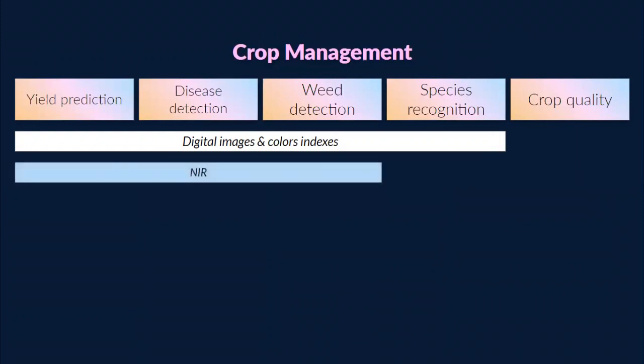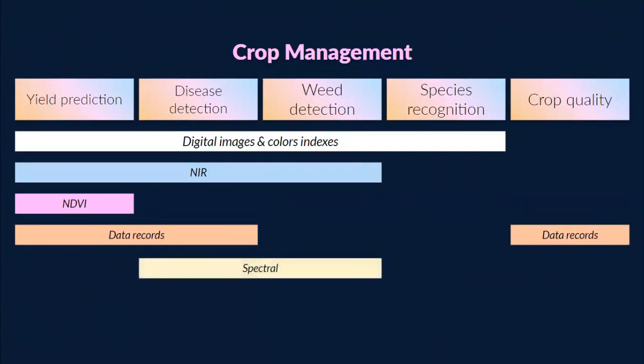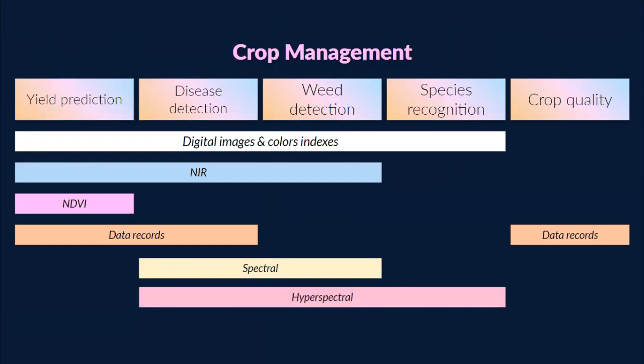NIR has been applied in yield prediction, disease detection, and weed detection. NDVI is used specifically in yield prediction, and data records in yield prediction, disease detection, and crop quality. Spectral has been used in disease detection and weed detection, and hyperspectral in disease detection, weed detection, and species recognition. Last, fluorescence is used in disease detection.